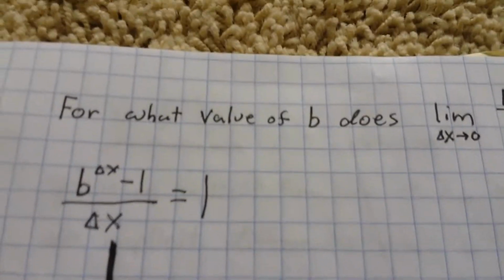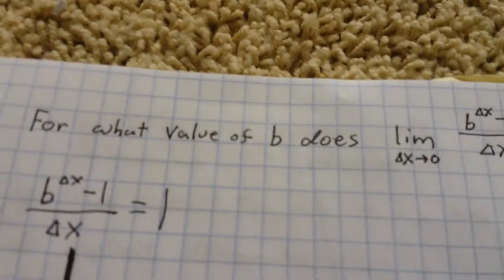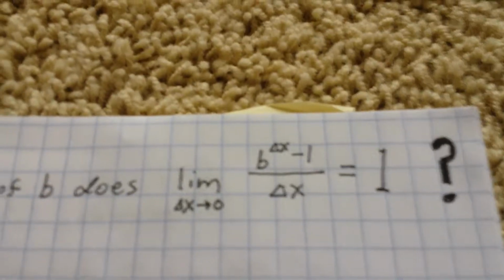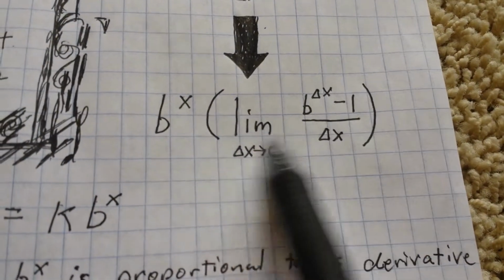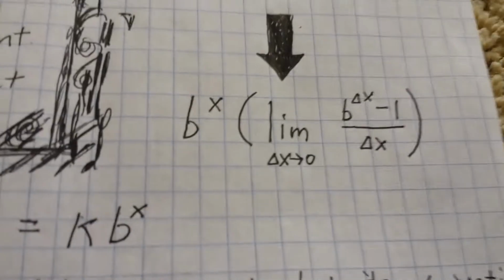What I mean is, is there a value of b such that that quantity is equal to 1, so that b to the x is its own derivative?